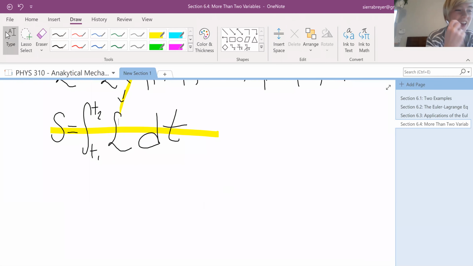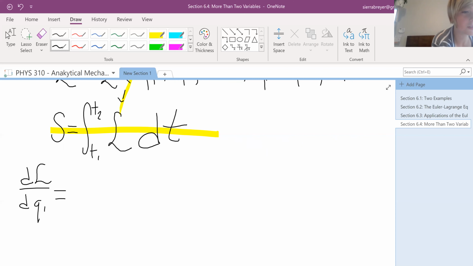And then what's cool is you end up getting a whole set of Euler-Lagrange equations. So for the set, I'll write out the first few and then I'll just do the dot dot dot, because the way I have it set up, it has infinite amounts.